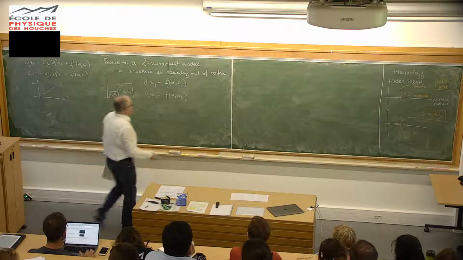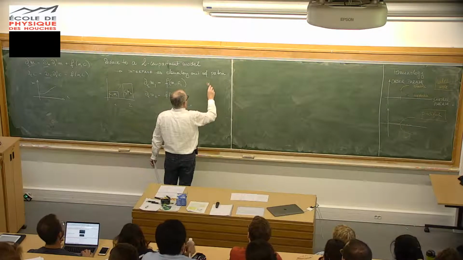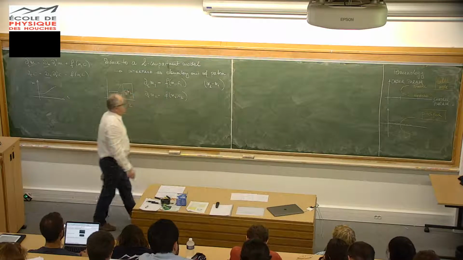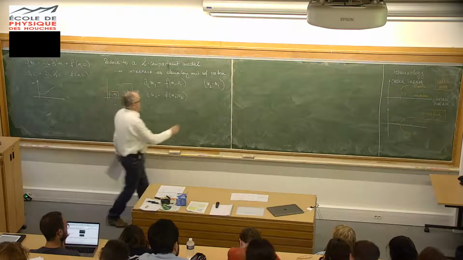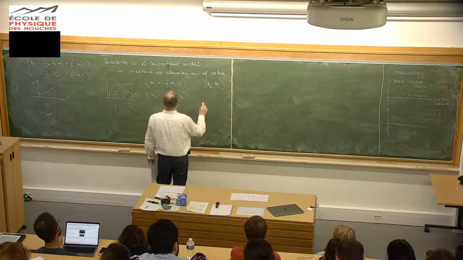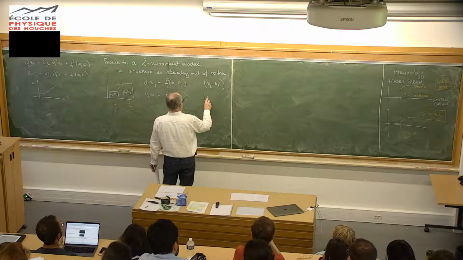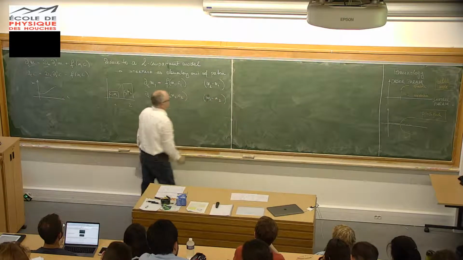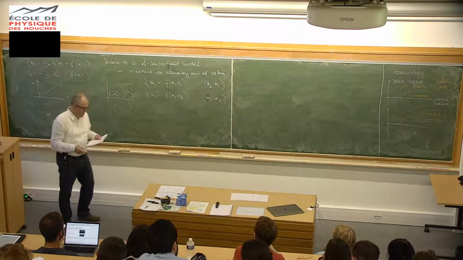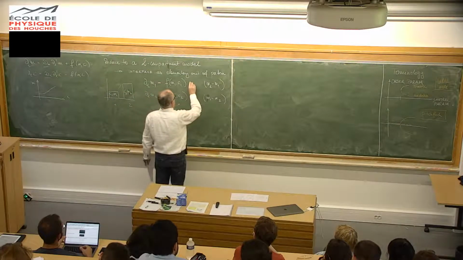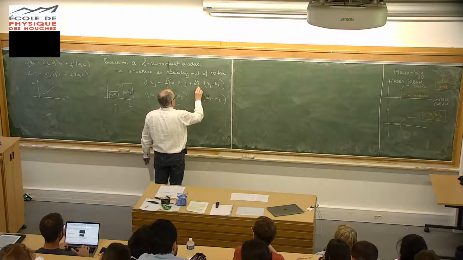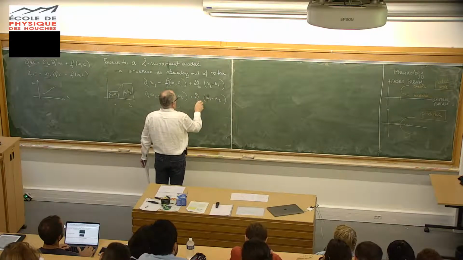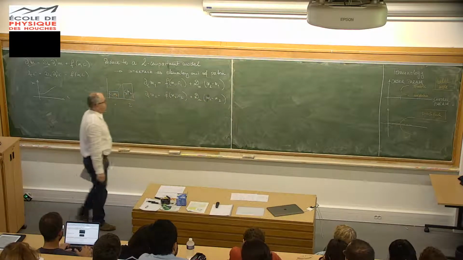Between the two, you have then an exchange rate. So if m1 is larger than m2, there's an exchange rate between the two, and I call this exchange rate calligraphic d of m.